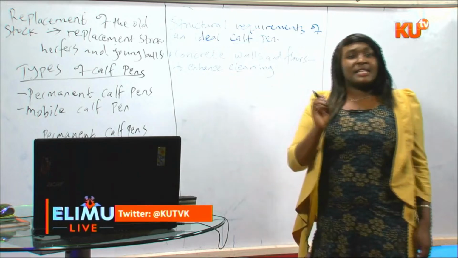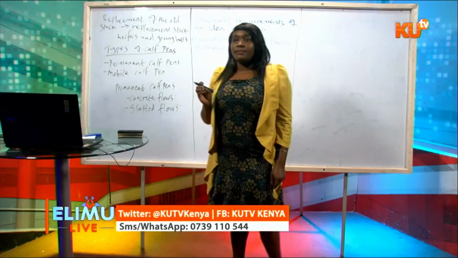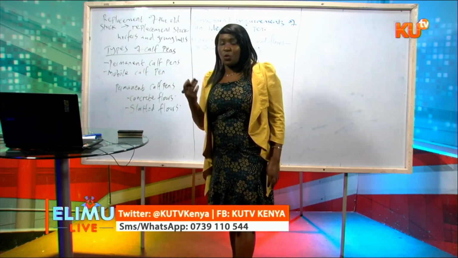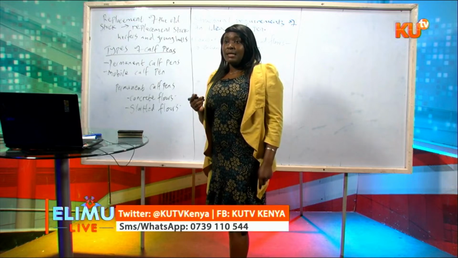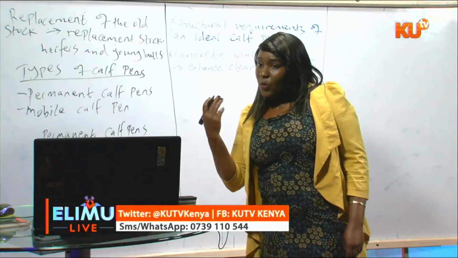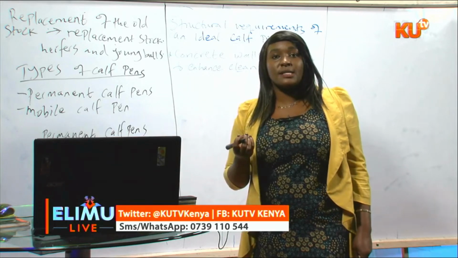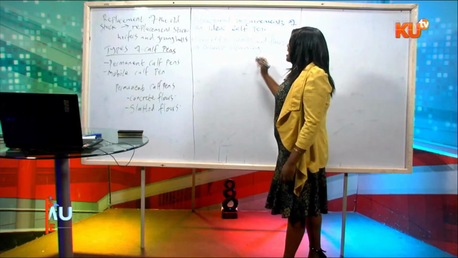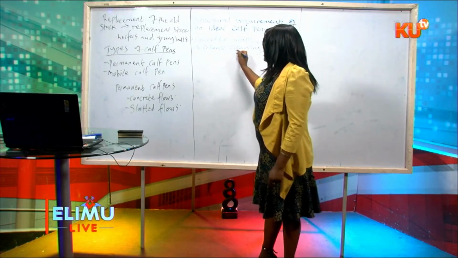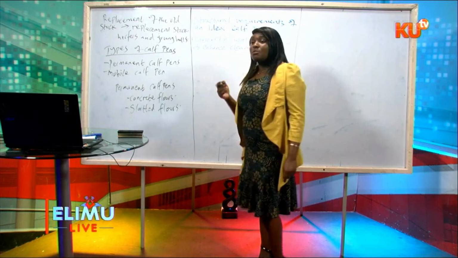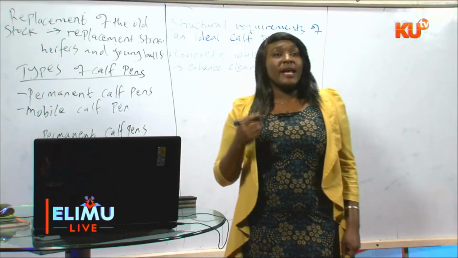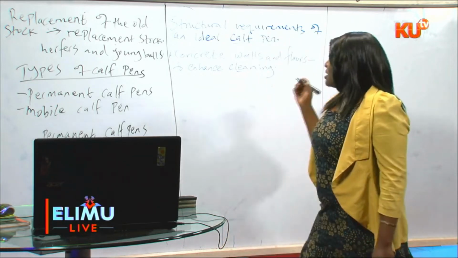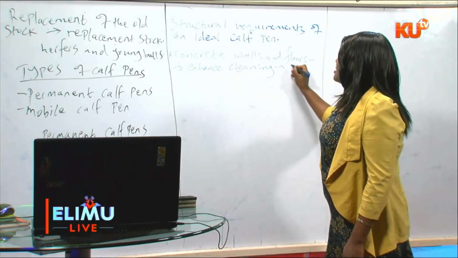We need to clean these calf pens more often. And I believe you have a reason why we clean our houses. Of course, it's because we don't want accumulation of parasites and diseases. When we clean these calf pens more often, we enhance the health of these animals because they do not suffer from diseases such as foot rot.